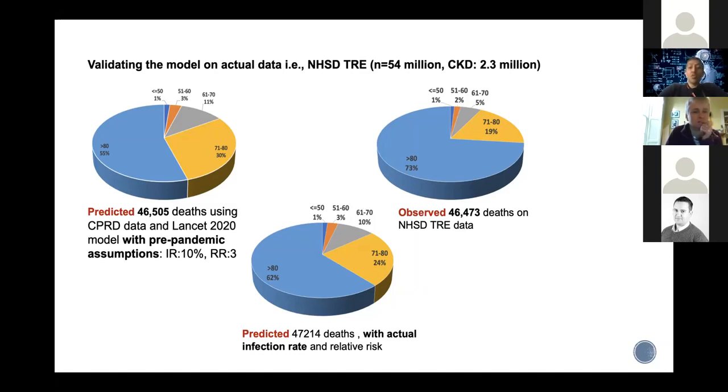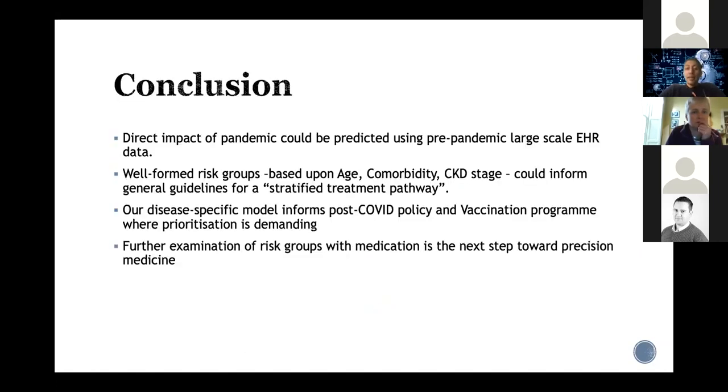And once we can predict very close to the real observation, then we can have control over the policy and guidelines, and that's the ultimate goal of this research, to have an impact on some policy and guideline for prioritization in the pandemic.